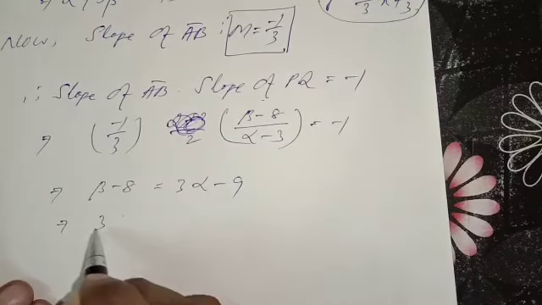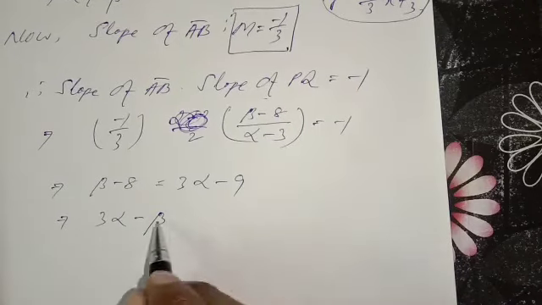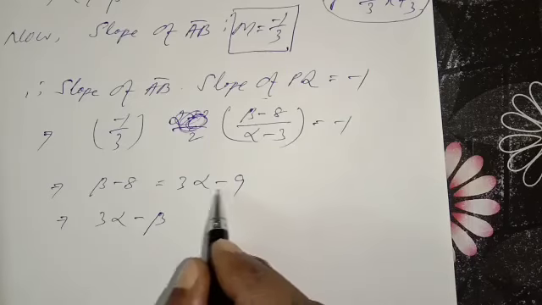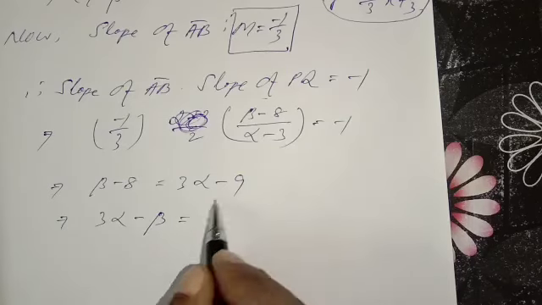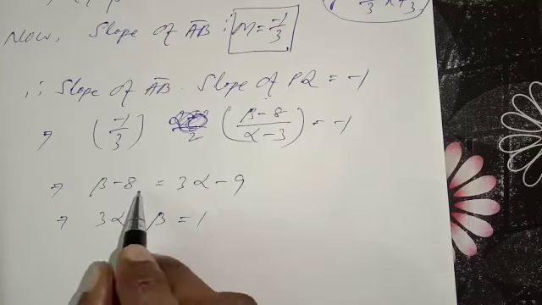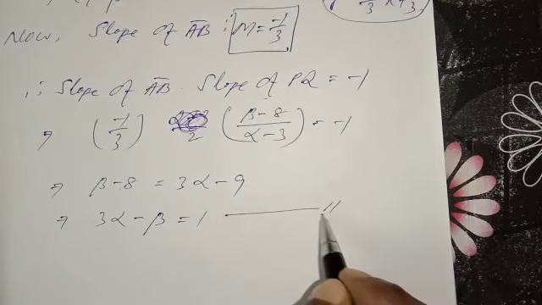So 3 alpha - beta = 1, because -9 goes to the other side, +9 - 8 is 1. This is equation number 2.